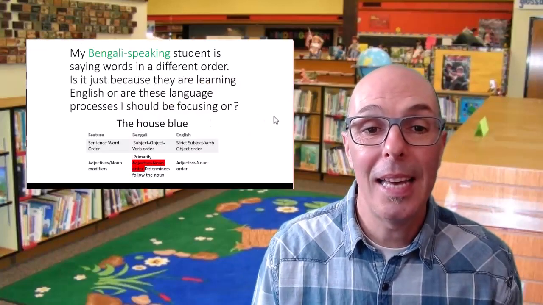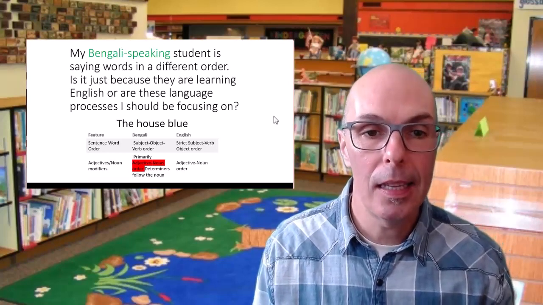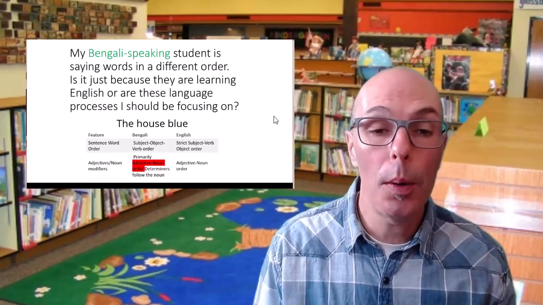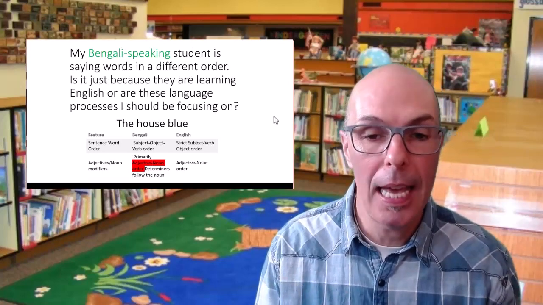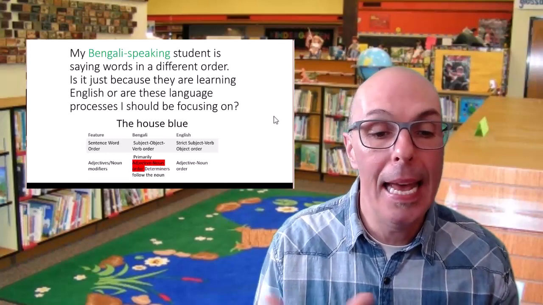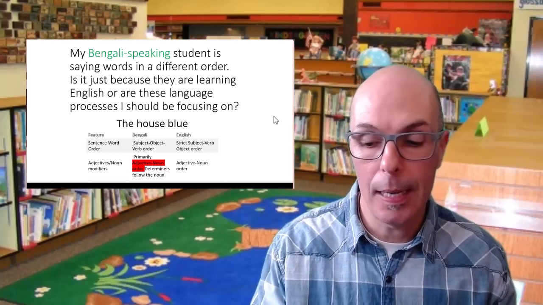So in terms of a Bengali speaker, this is something that we would be concerned about, because what we're seeing in English, we'd also expect to see in Bengali. Hopefully you're seeing how important this information is to have on every language, because it's not just as though you can learn something about nouns and adjectives. It depends on the child, and it depends on the language they're speaking.